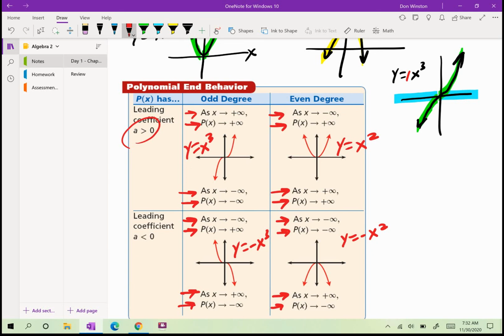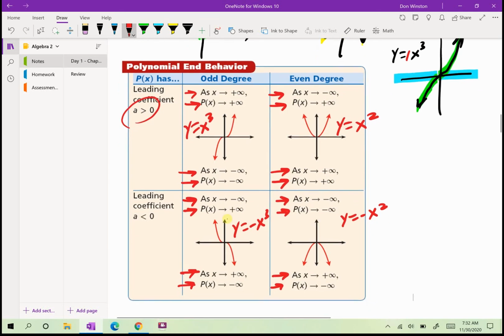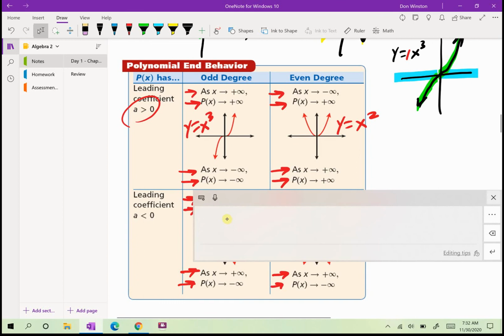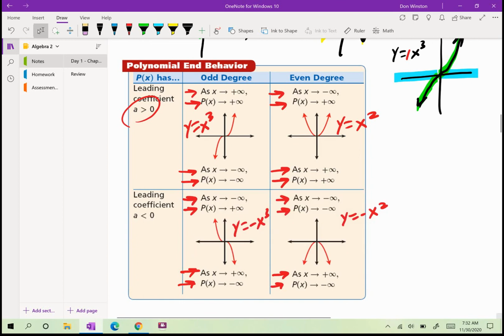So there's only really 2 graphs that you need to be concerned with. Actually 4. But 2 family of functions you need to be concerned with and remember. And you'll know everything about the end behavior. It's just y is equal to x squared, and whether or not the leading coefficient is positive or negative.